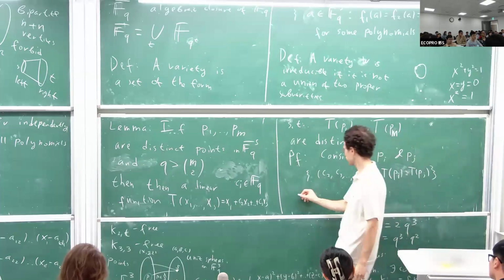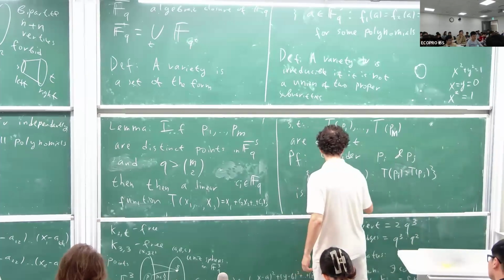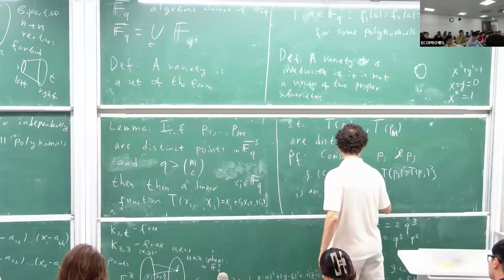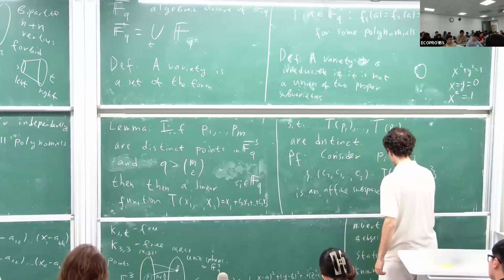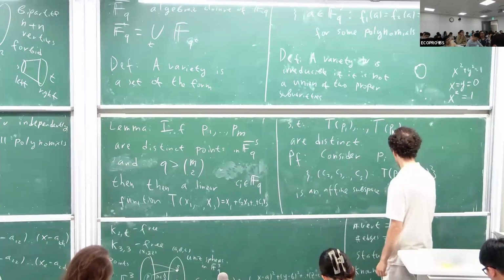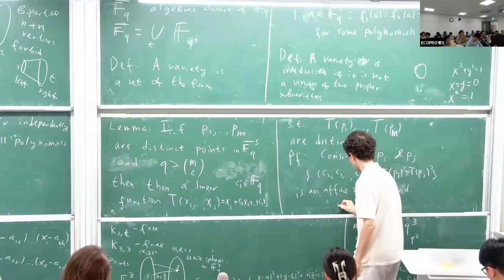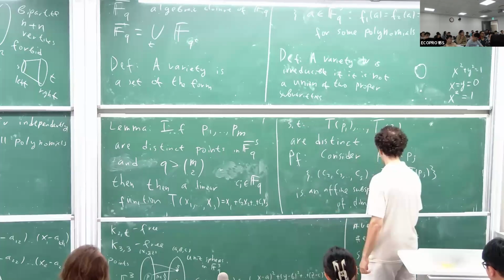So it's an affine subspace of dimension strictly less than s.